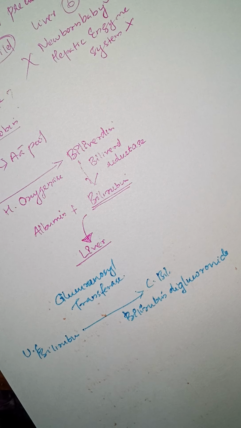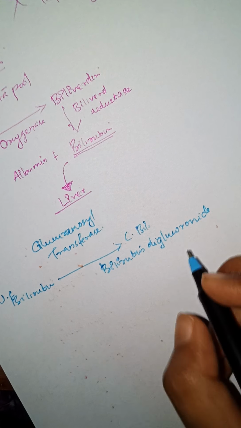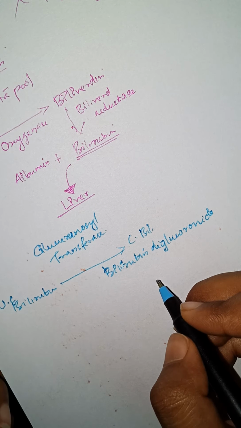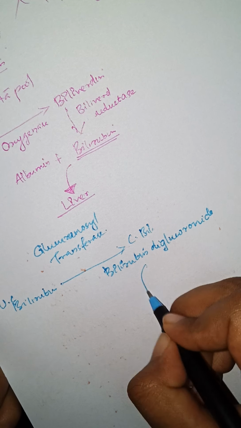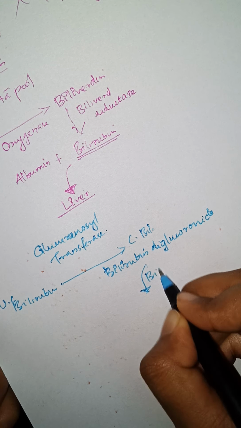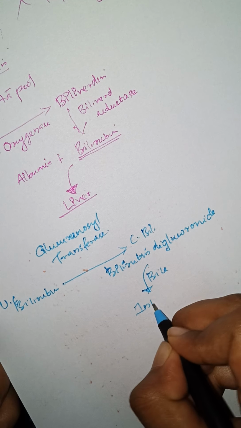Bilirubin diglucuronide is called conjugated bilirubin. Now this conjugated bilirubin, following the enterohepatic circulation through the bile, reaches the intestine.